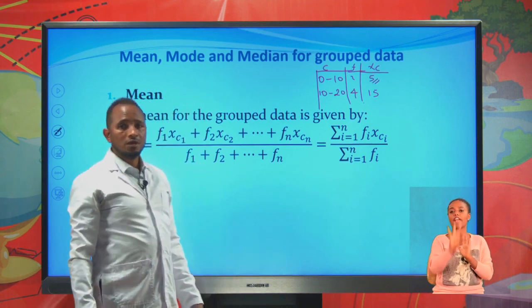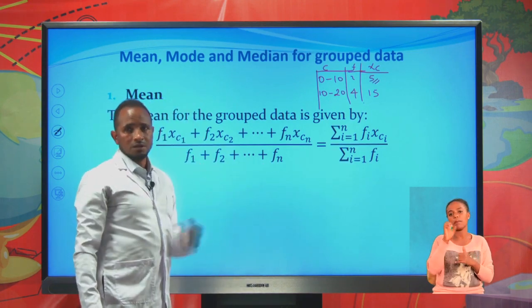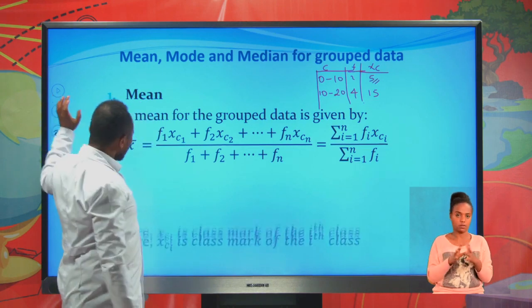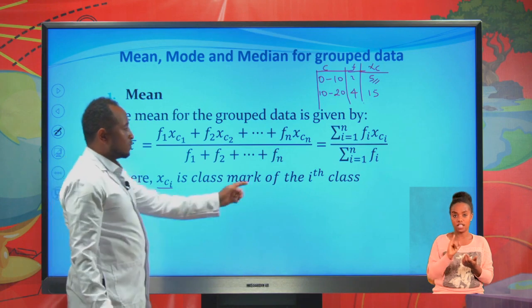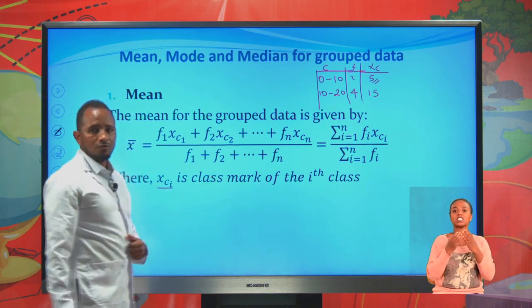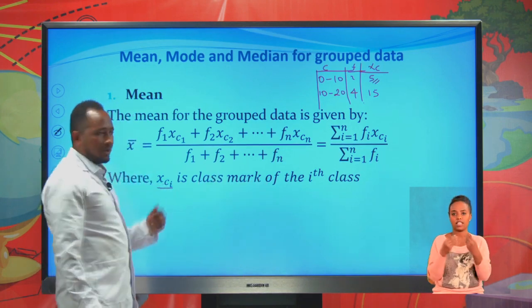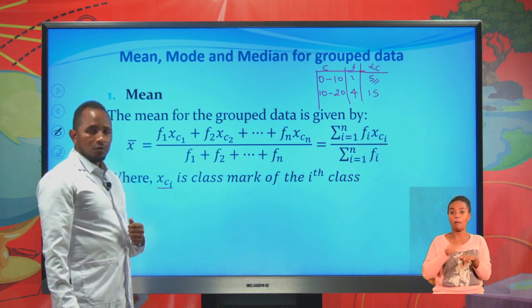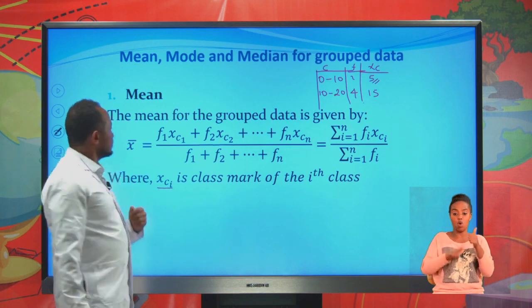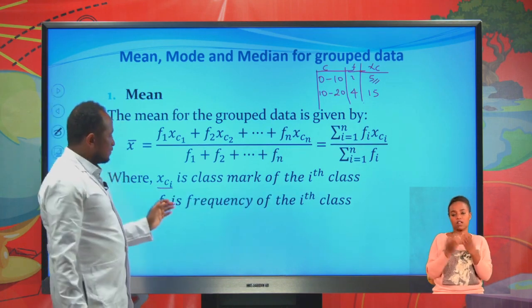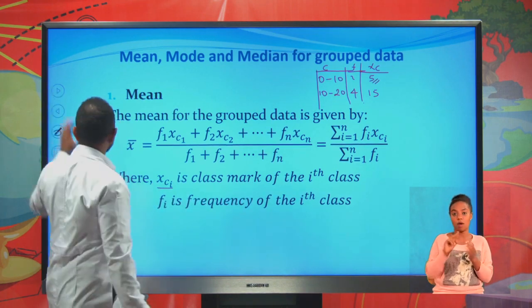So it gives you the mean. Here, xci is the class mark, or class midpoint, of the given class. It's obtained by taking the average of the upper and lower class limit of the ith class. And fi is the frequency of the ith class.